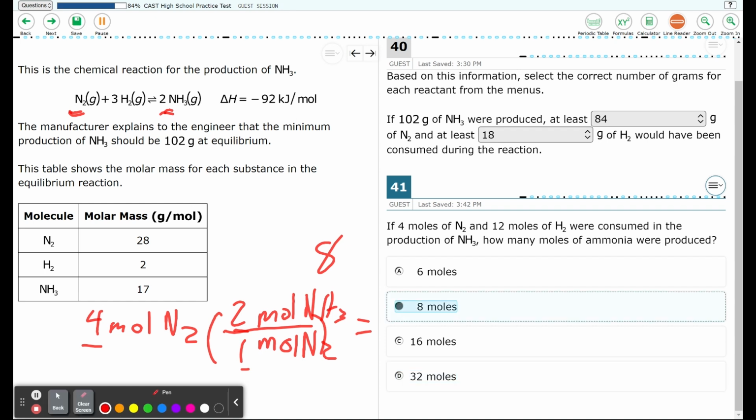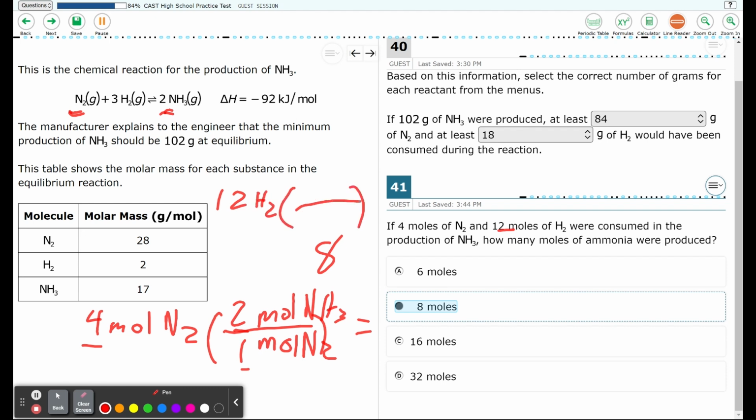But let's make sure there's not a limiting factor in the amount of H2. So it says we have 12 moles of H2. I'm going to leave off some of the units because I'm crushed for space here. So 12 moles, it should be MOL, of H2.